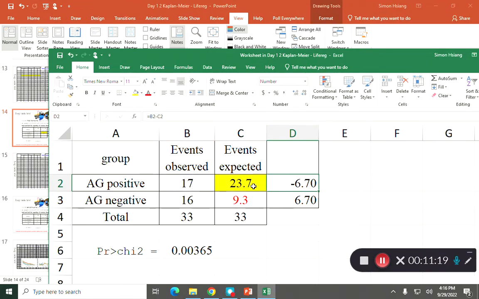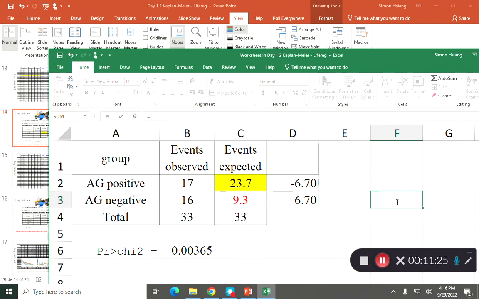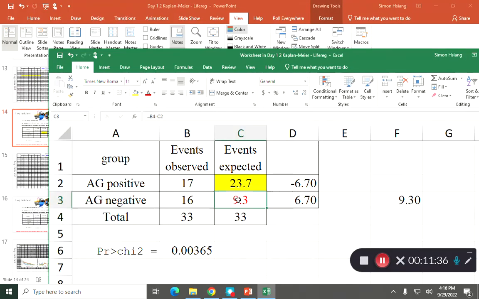You use this much ahead. So how much do I have left here? The 9.3 can be calculated as 16 minus the 1 left. So I have 9.3. So 9.3 can be estimated in two different ways.